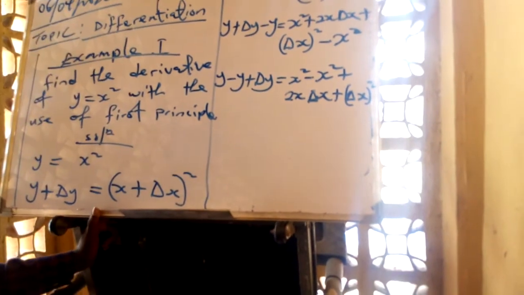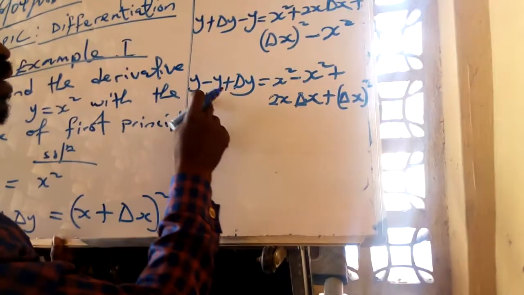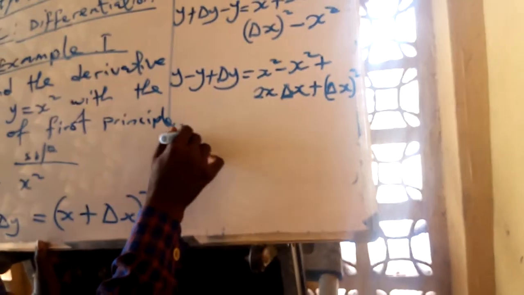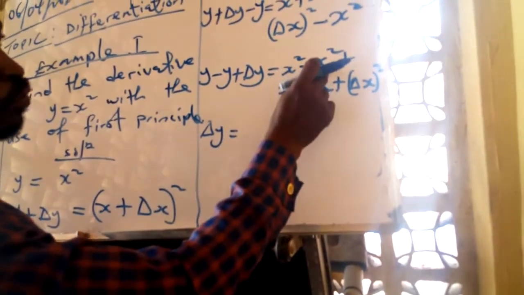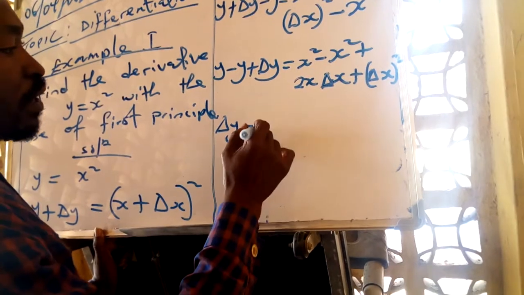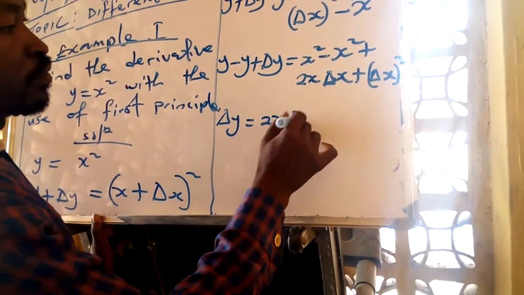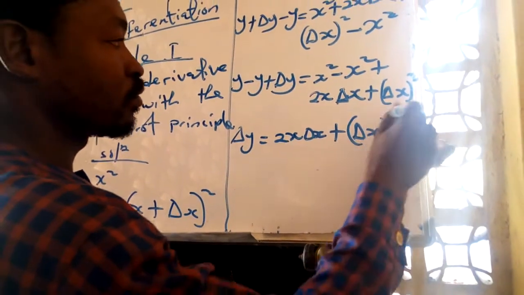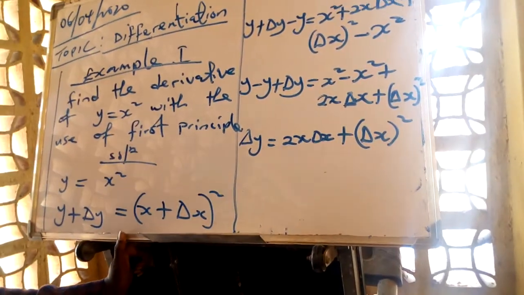Hope you are getting it. Of course, y plus delta y minus y will give us delta y. So we can say that delta y equal to, x squared minus x squared is 0, so you can ignore this and write 2x delta x plus (delta x) squared. Hope you are getting it.